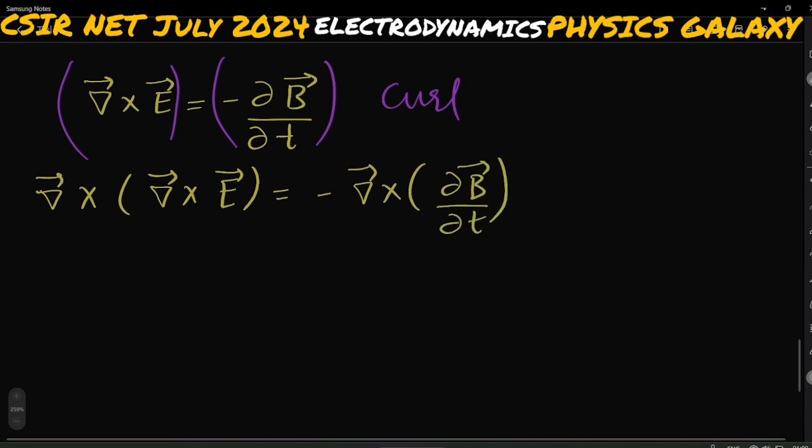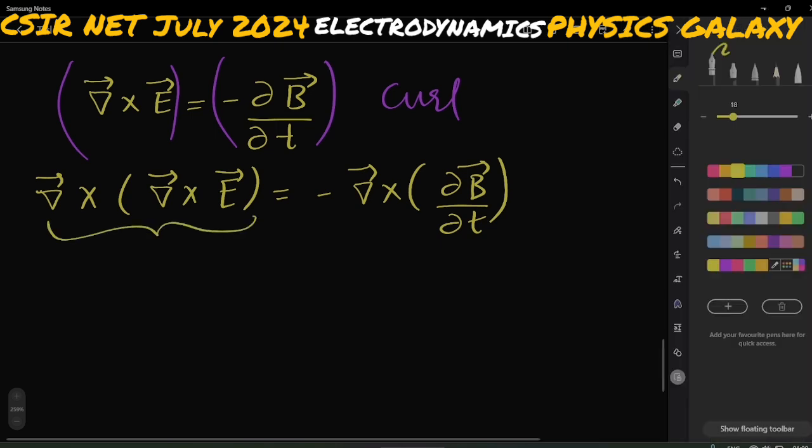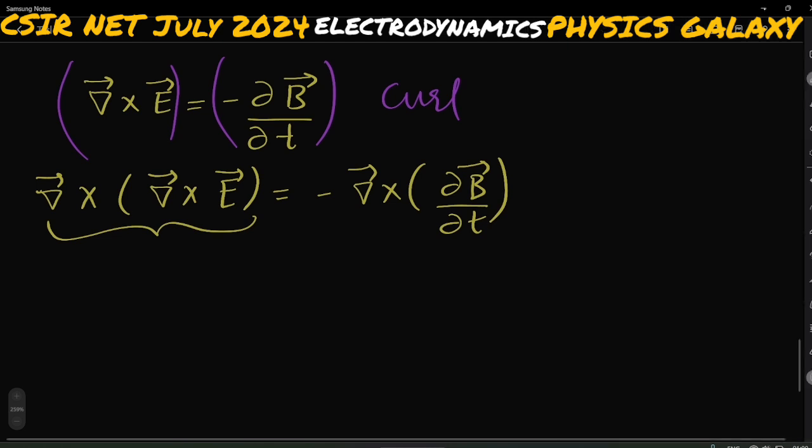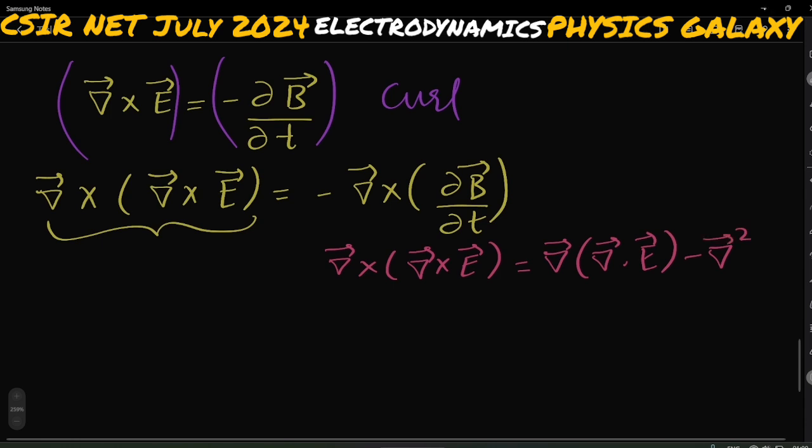Now we know that curl of curl of E is a famous identity, so let me write it here: curl of curl of E equals gradient of the divergence of the vector field, here the vector field is E, minus del square of E.